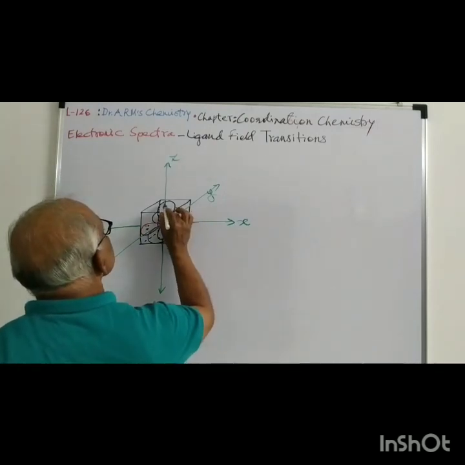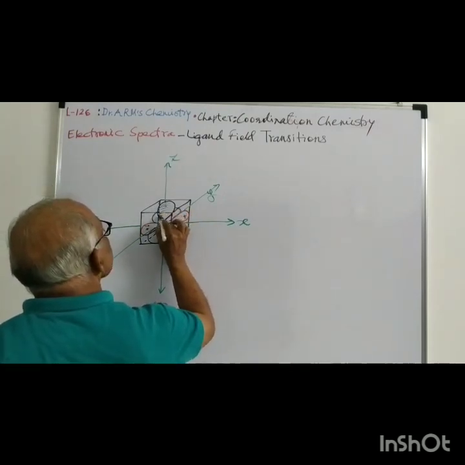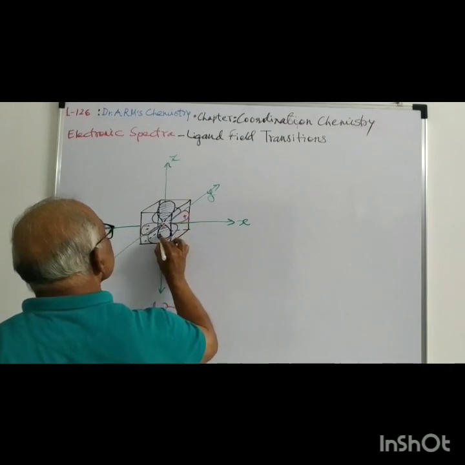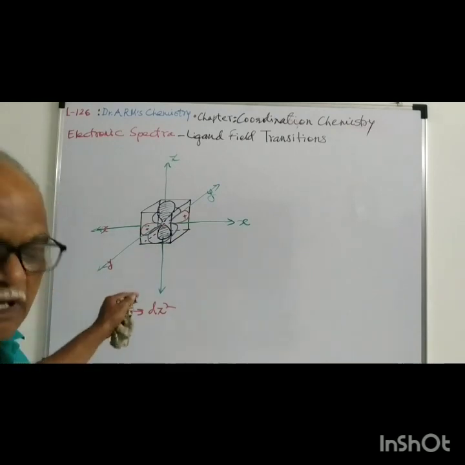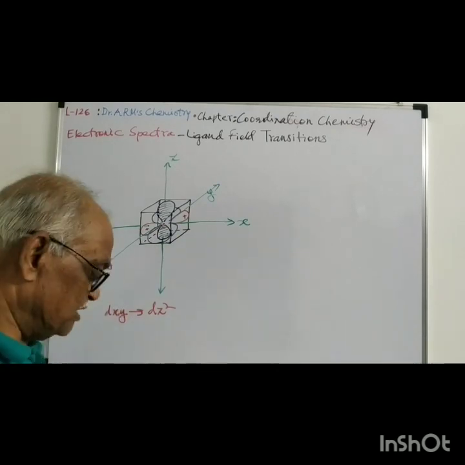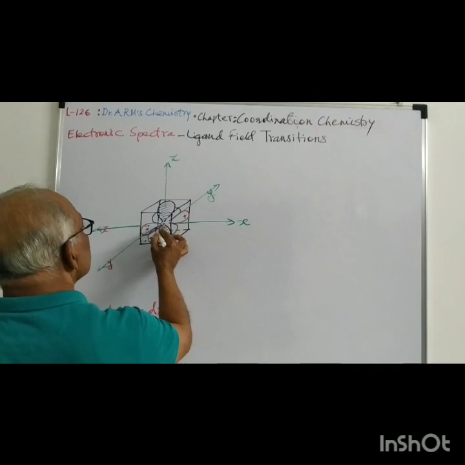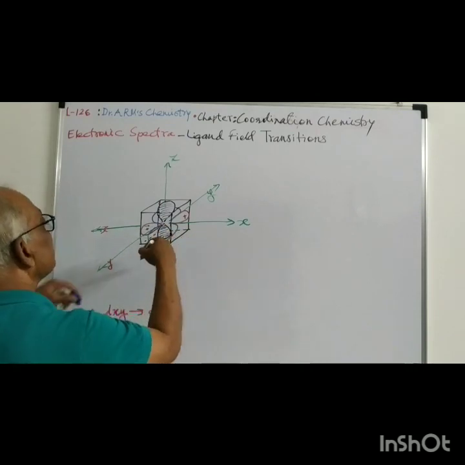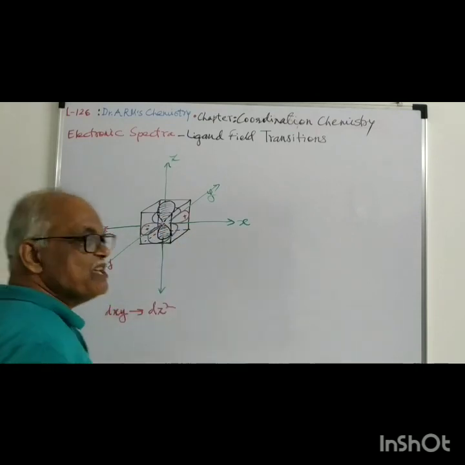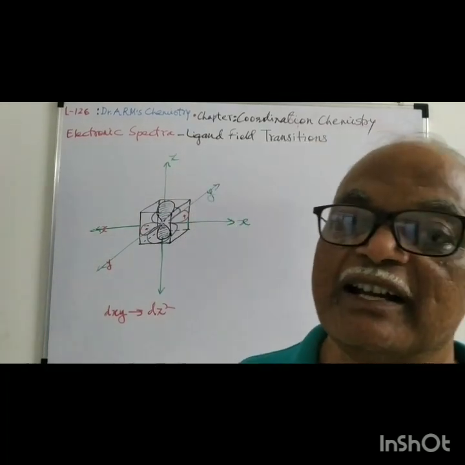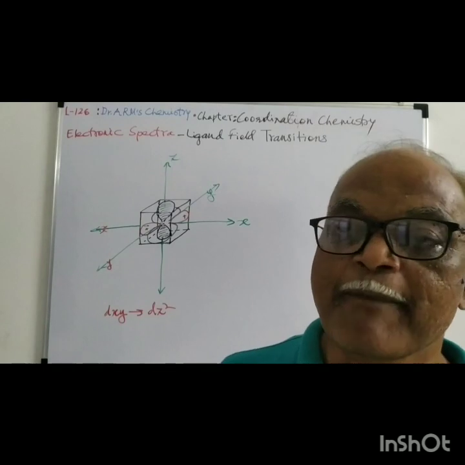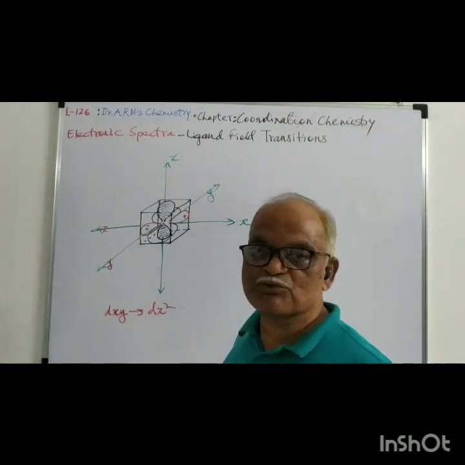So this is about the dz2. Means we have shown only some part of this in order to avoid confusion. So there is also another part in circular form, but it is hid behind the lobes of dxy and dyz orbitals which are pointing towards us.